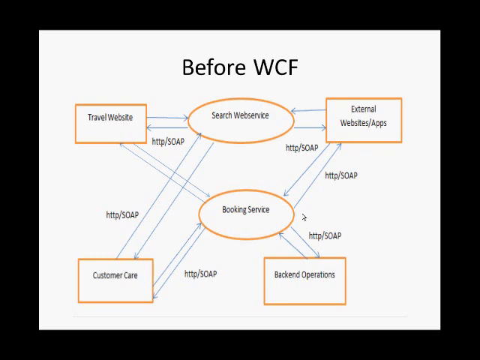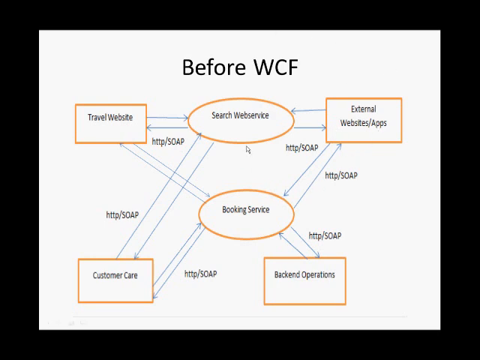The reason why I developed both search and booking as web services is that I can expose them to external websites or applications, which can be non-ASP, non-.NET applications, and they can also access this search web service and booking web service and make use of them to make reservations, and I can charge them.